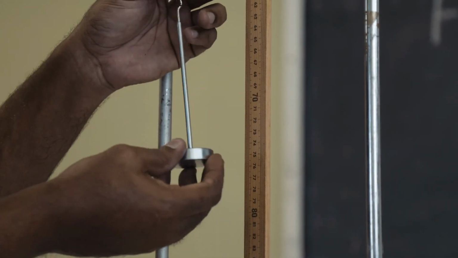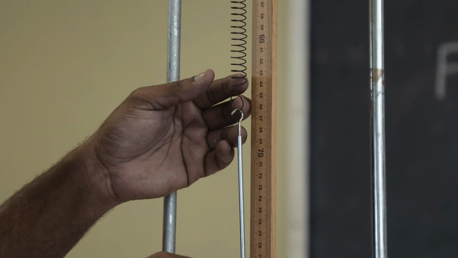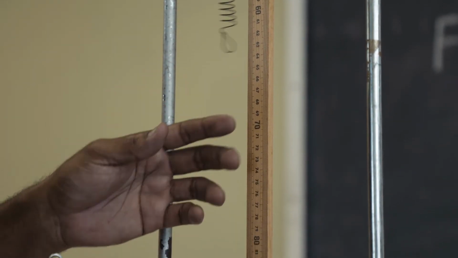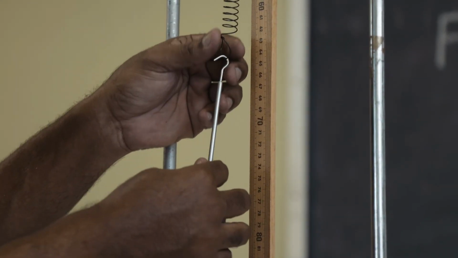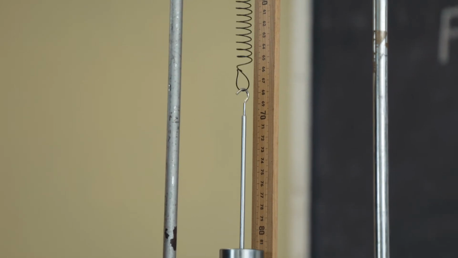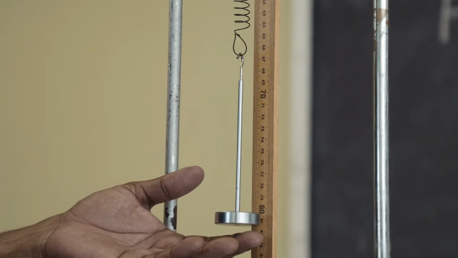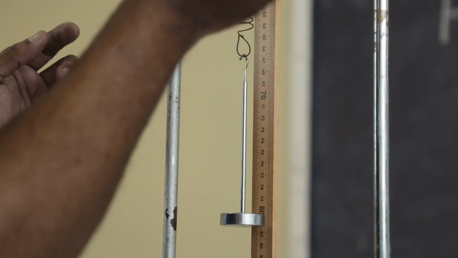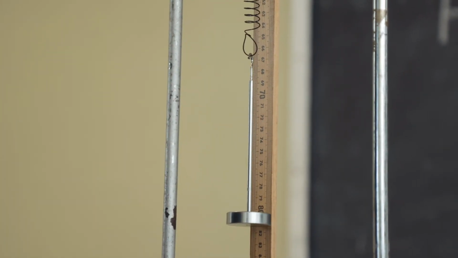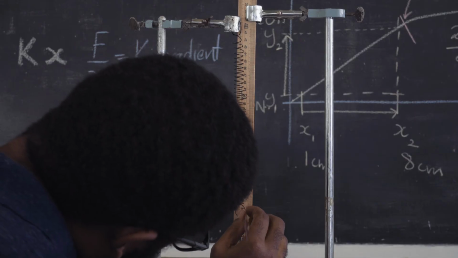Please try to avoid any vertical movement. We could just gently bring the system to rest, or as close to rest as possible, and do our measurements from that point.